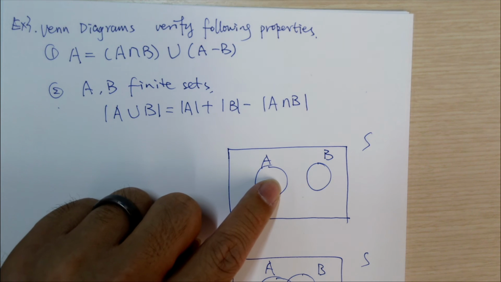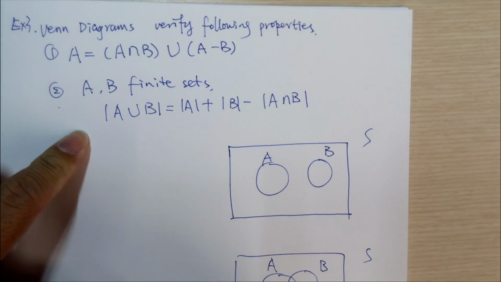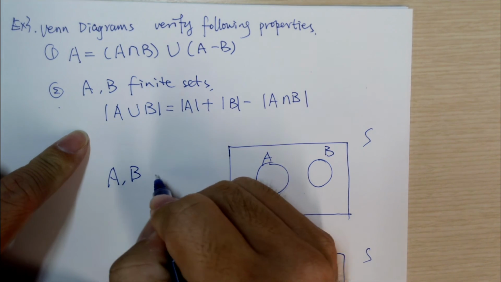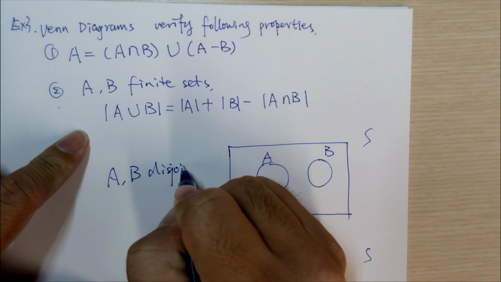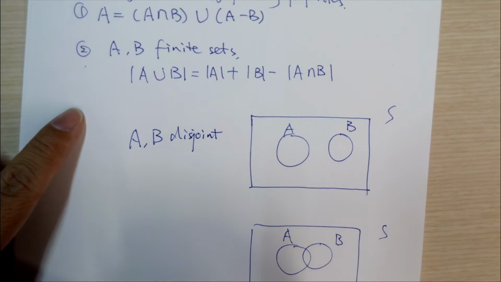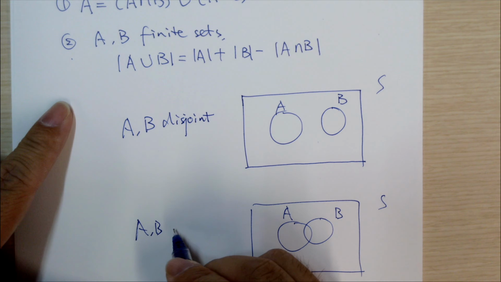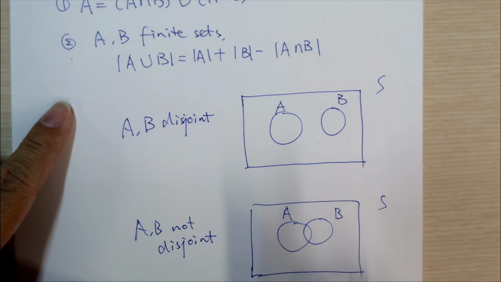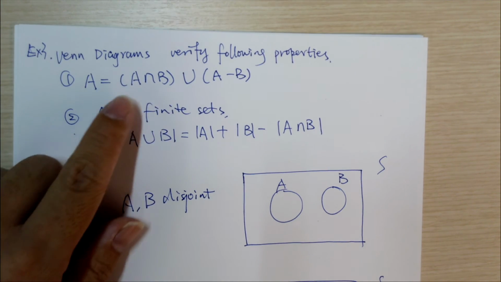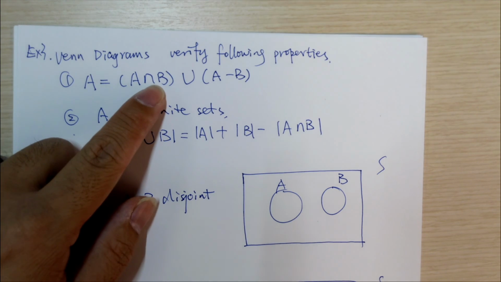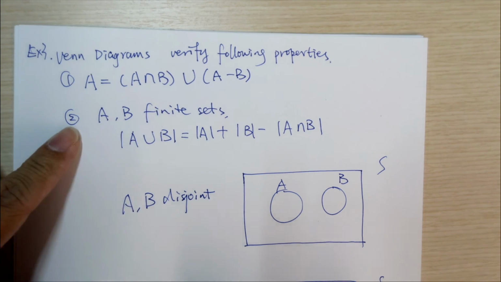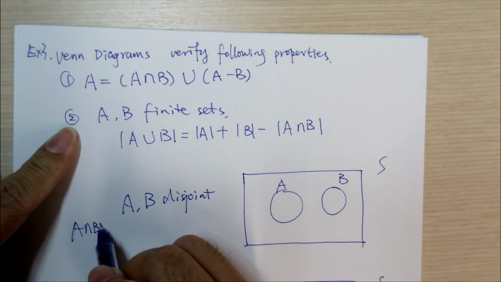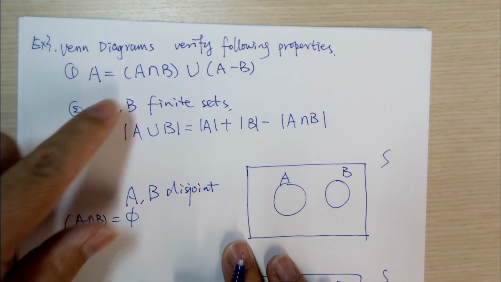Because those two are disjoint. So this is the case where A, B are disjoint. This is the case where A, B are not disjoint. If A and B are disjoint, this part is empty. So A intersect B is an empty set.